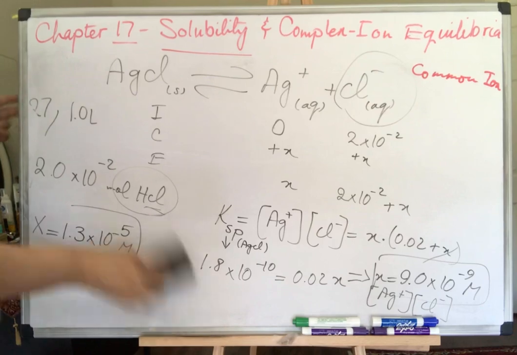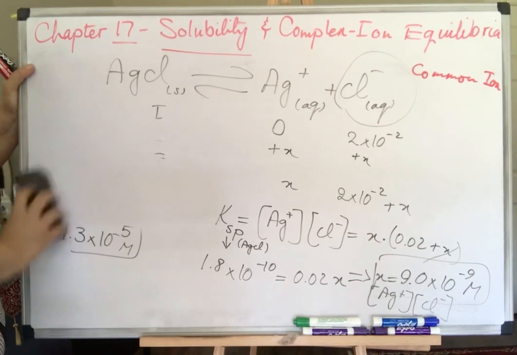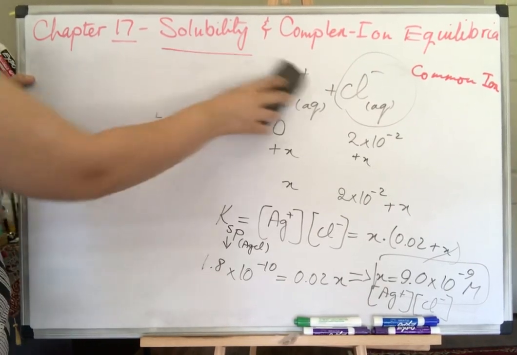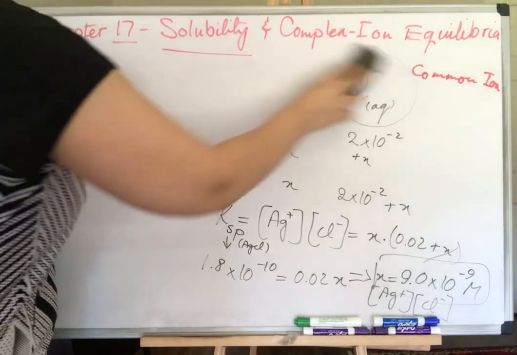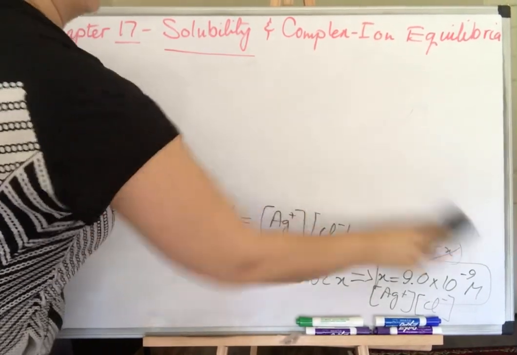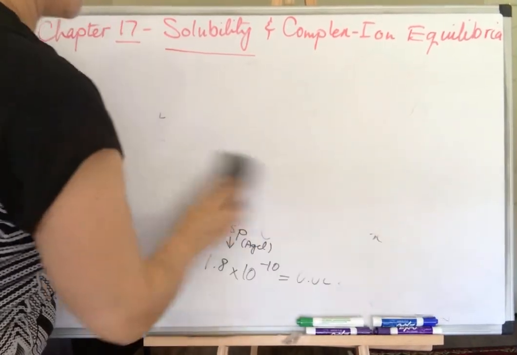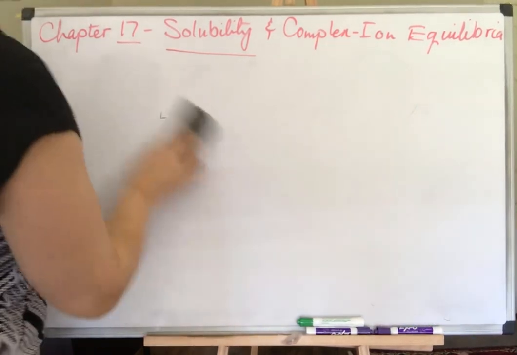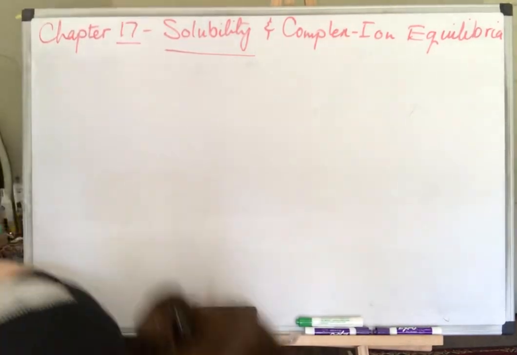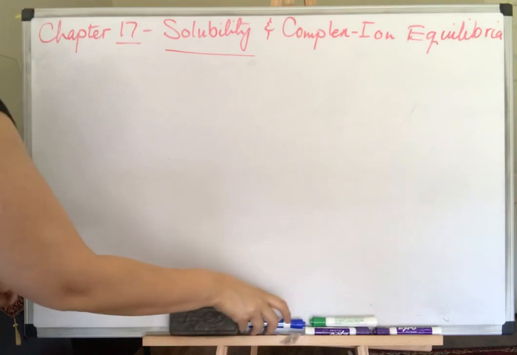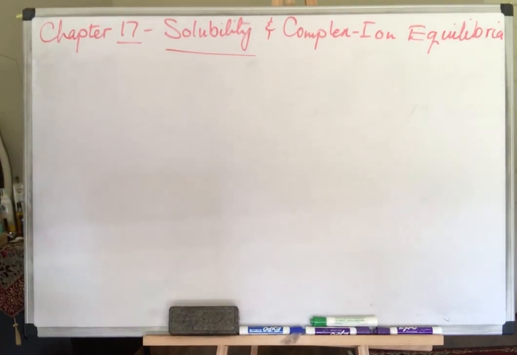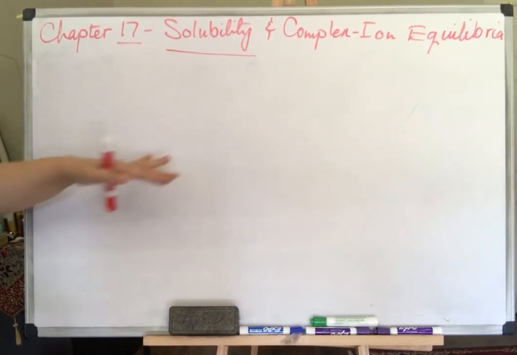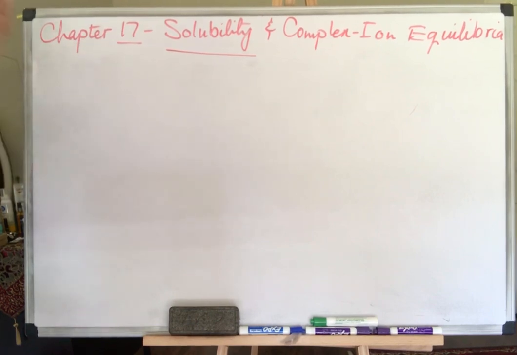I told you everything is the same as the equilibrium chapter, so it's time to work on some Q, reaction quotient questions. So we can determine if the solid has formed or not.